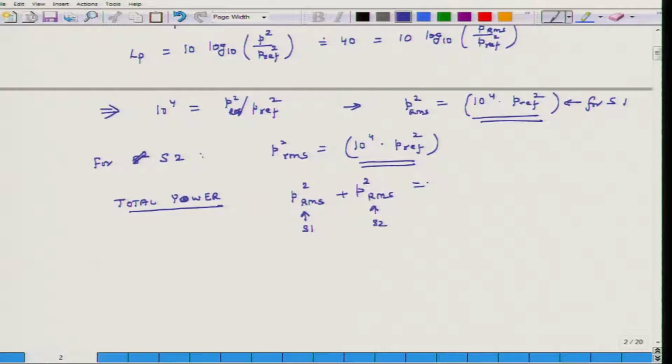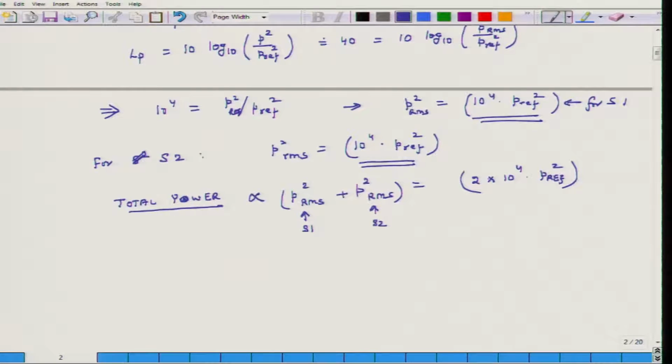That is 2 times 10 to the power of 4 times P ref square. So, essentially when I have to add up power, I have to square the RMS pressures and add them up.